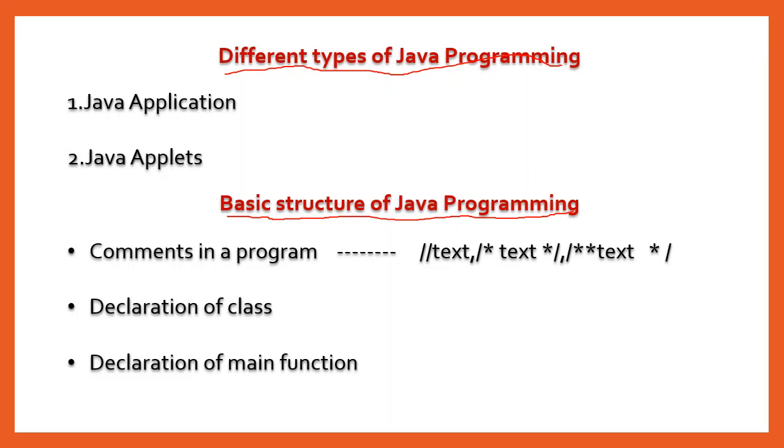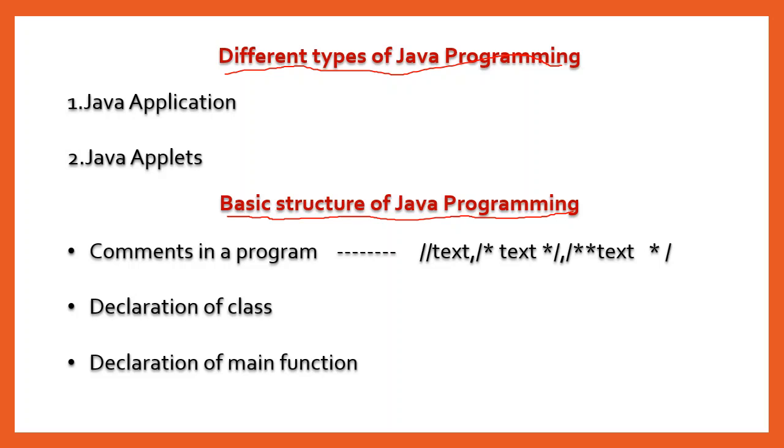What is a comment? It is a non-executable statement. It will not execute, but it will help the other users who will see the program, not the user who has developed the program.